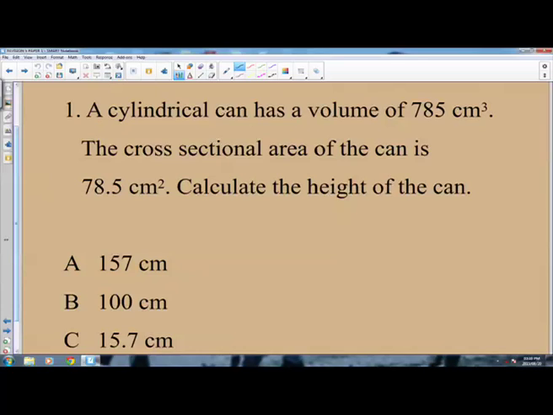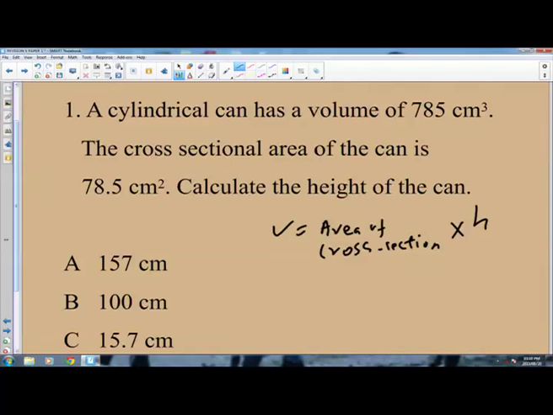The volume is given as the area of cross-section times the height or the length. In this case, it will be the height. And then what is the volume? We are given the volume here as 785.